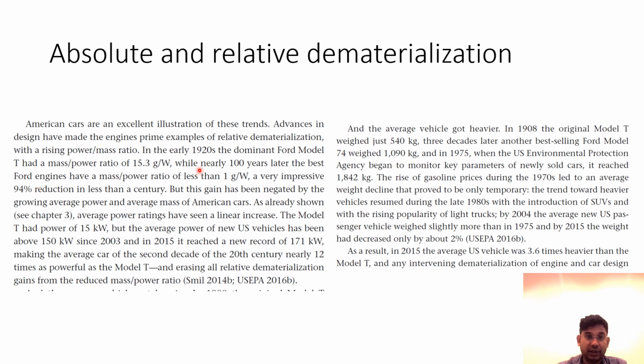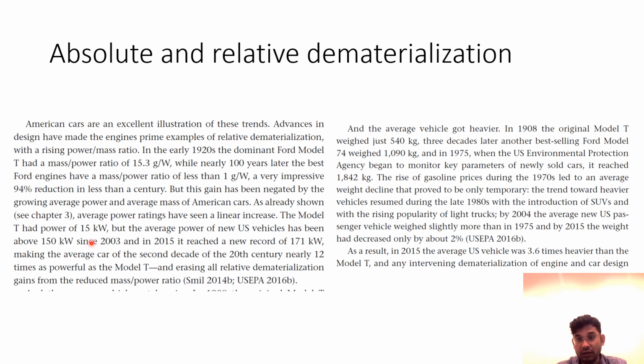Because the model during 1920 had an average power rating of 15 kilowatt, whereas the vehicles that we have now have reached a peak of 171 kilowatt. You see, it's almost 12 times as powerful. Just because you improve the mass to power ratio, it doesn't mean much if you have a huge power rating at the end of the day.